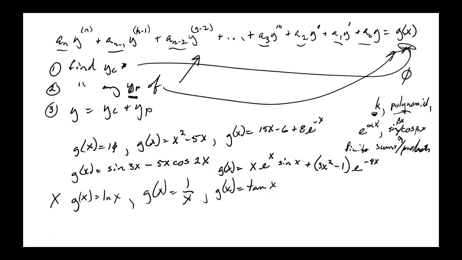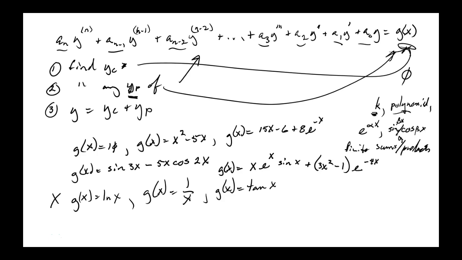Okay? That can't happen either. But you might say, wait a minute. Isn't that a product of sines and cosines? No, it isn't. It's a quotient of sine and cosine, not a product. And you can't do 1 over cosine either. That would not be allowed.